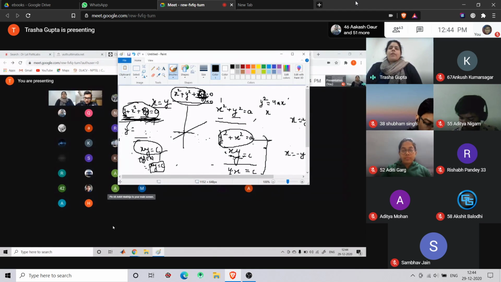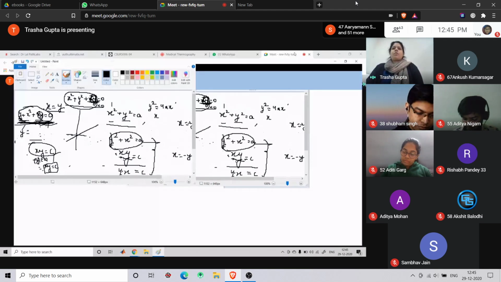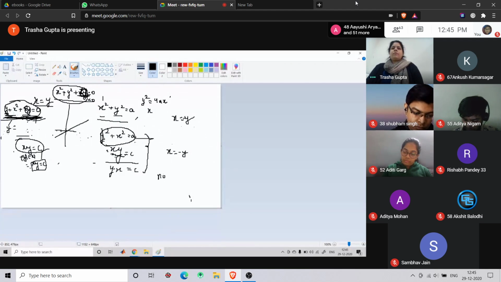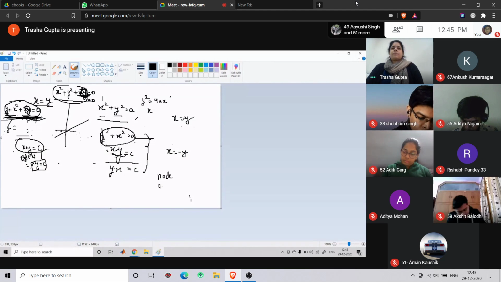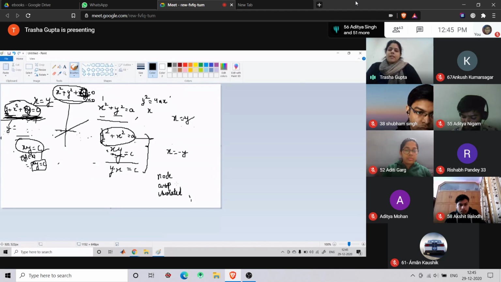Now the origin is called a node, cusp or an isolated point, according to the tangents. It will be a node if the two tangents are real and distinct.